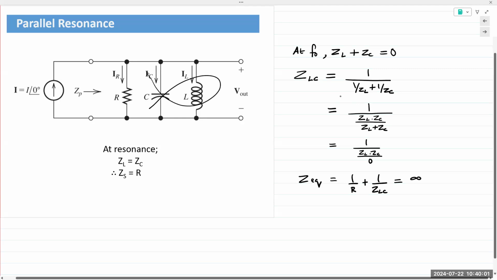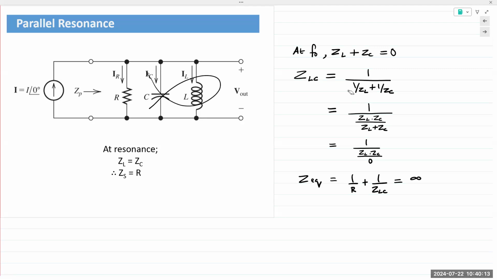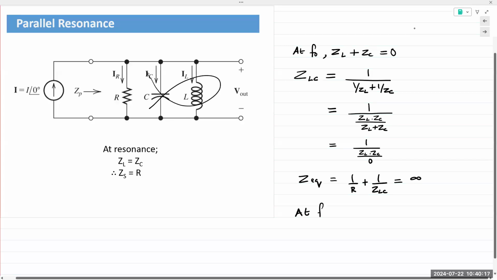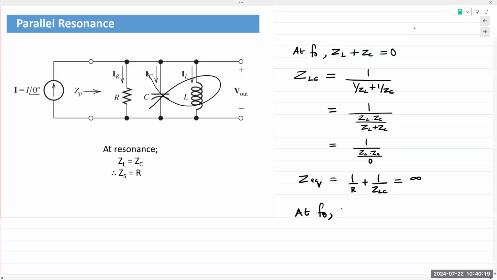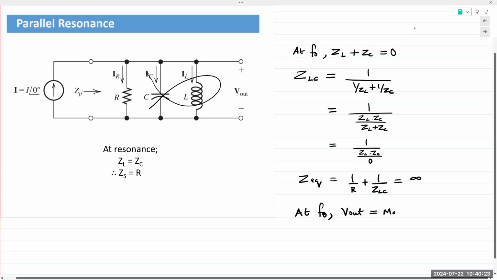The only thing left in the circuit would be similar to the previous situation in the series circuit, which is the resistor R. Output goes to the maximum because all of the energy from the source is flowing through the resistor, and V out goes to maximum. So at F0, V out goes to maximum.